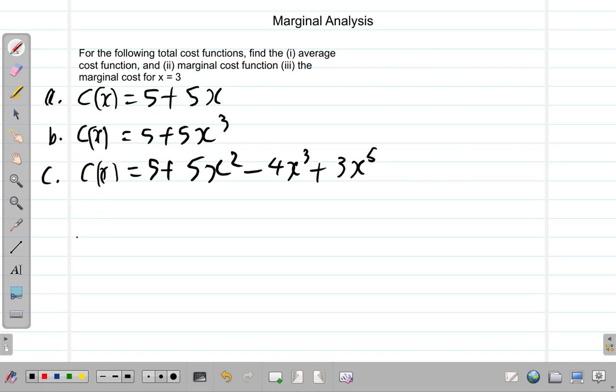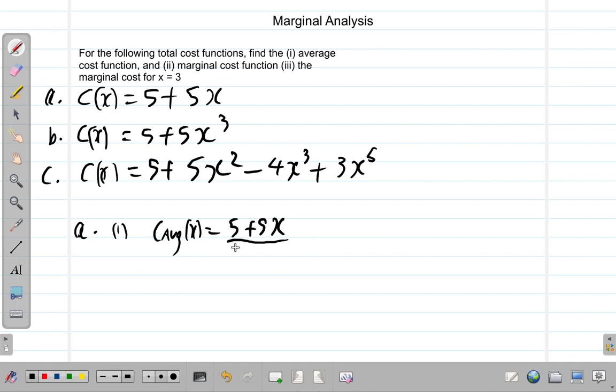Let's work out A. The average cost would be the total cost divided by the number of items. So the average cost of this, let us call it CAVG of x, would be 5 plus 5x.